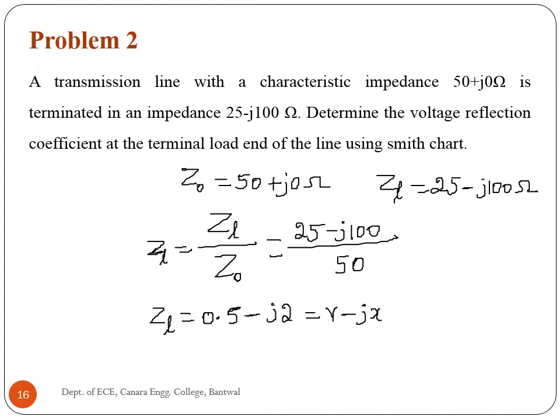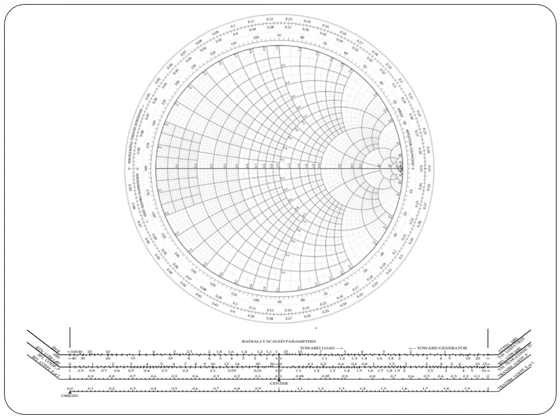Now we can mark this value in the Smith chart. Normalized load impedance for the given problem is 0.5 minus J2, which is equal to R minus Jx. We know that the lower half of the diagram represents minus Jx.